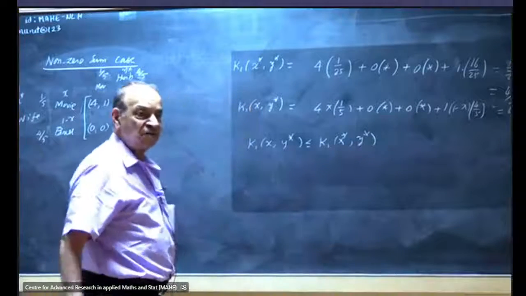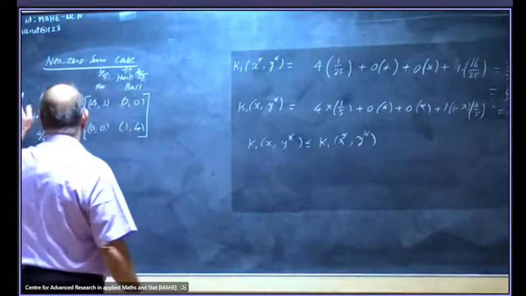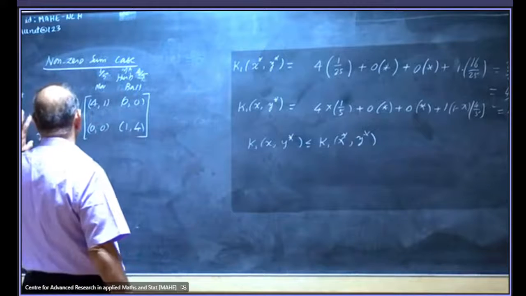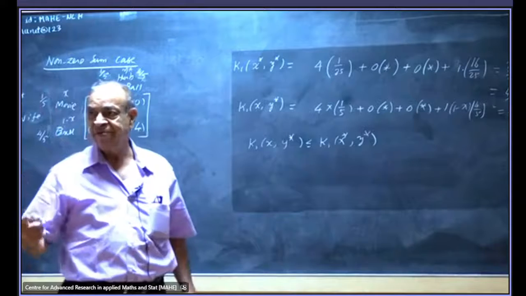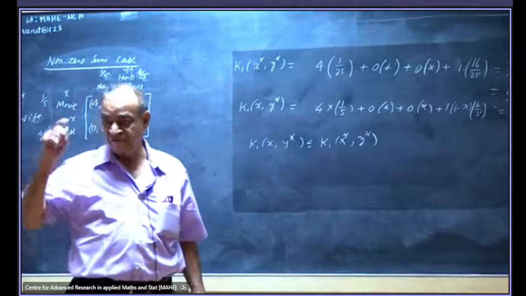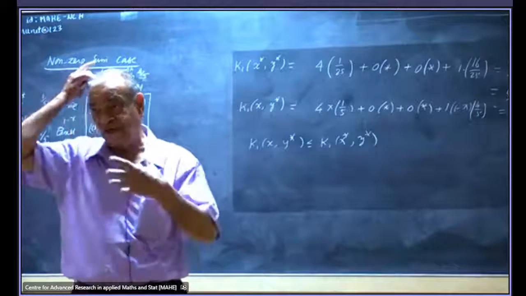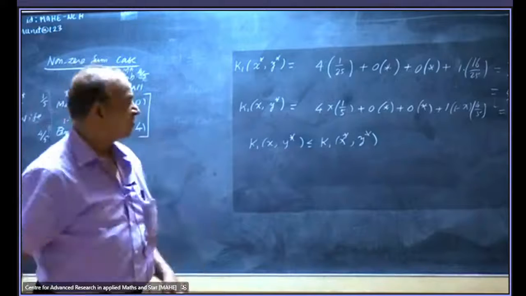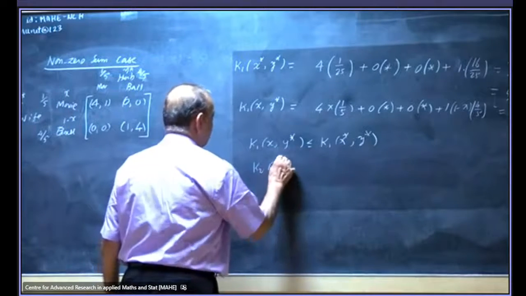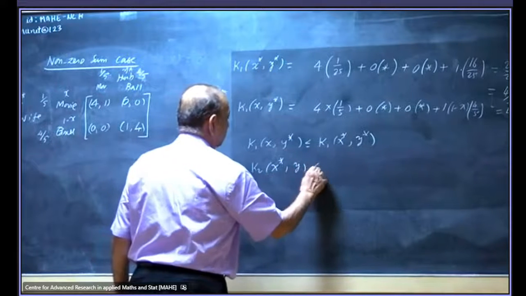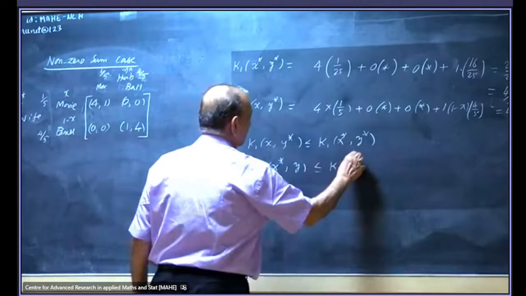And this x star is called the equilibrium mixed strategy. Understand? That 1/5, 4/5, 1/5, 4/5 is the equilibrium mixed strategy. Similarly, for K2 of x star y, you can check it is also less than or equal to K2 of x star y star.